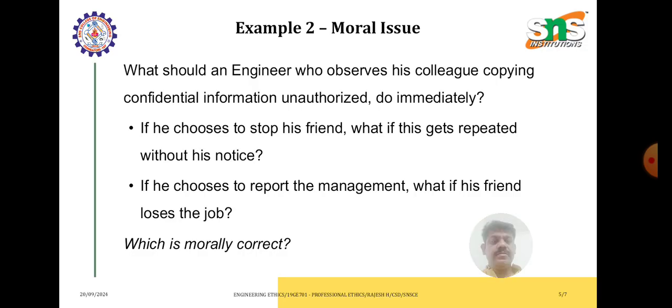On the other hand, if he chooses to report to the management, what if his friend loses the job? Which is morally correct? Whether he can make his friend get corrected or he can make his friend get caught by the management. So what are your suggestions and response in this particular moral issue, which is morally correct?